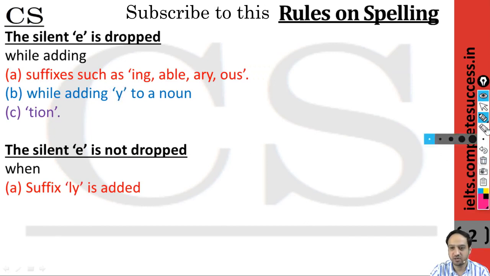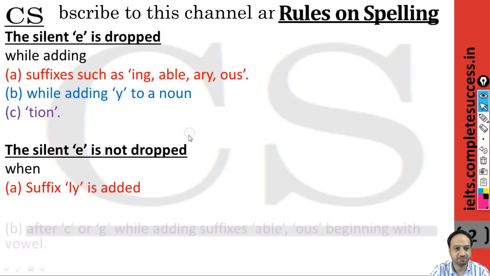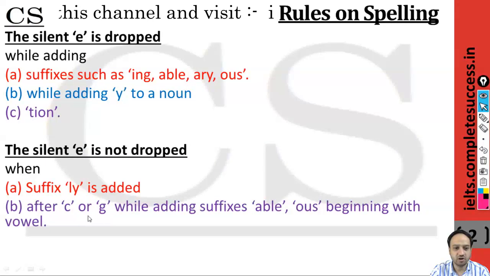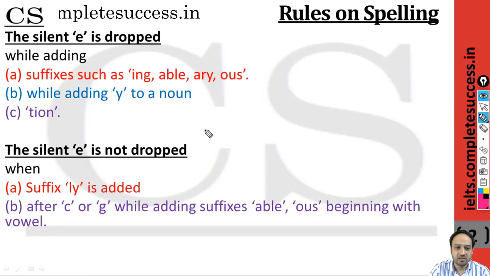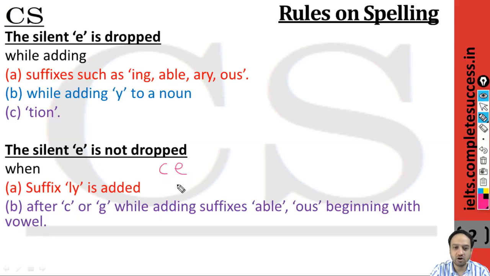Then, after C or G, while adding suffixes able, ous beginning with vowels: if a word ends in E, but before E there is C or G, and we have to add the suffix able or ous, then we will not drop the letter E.